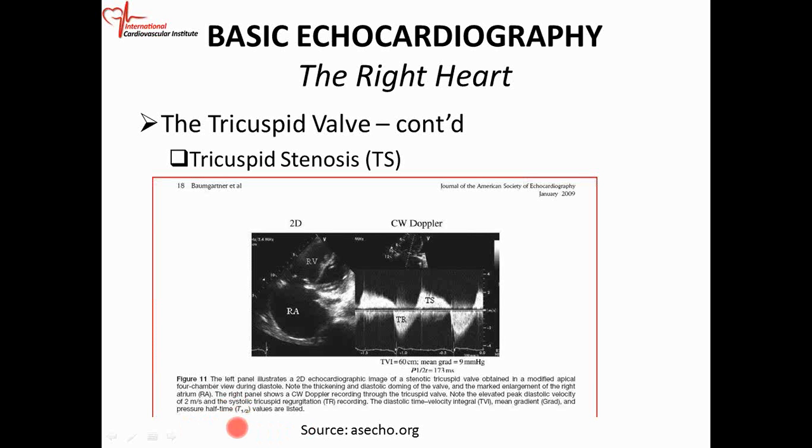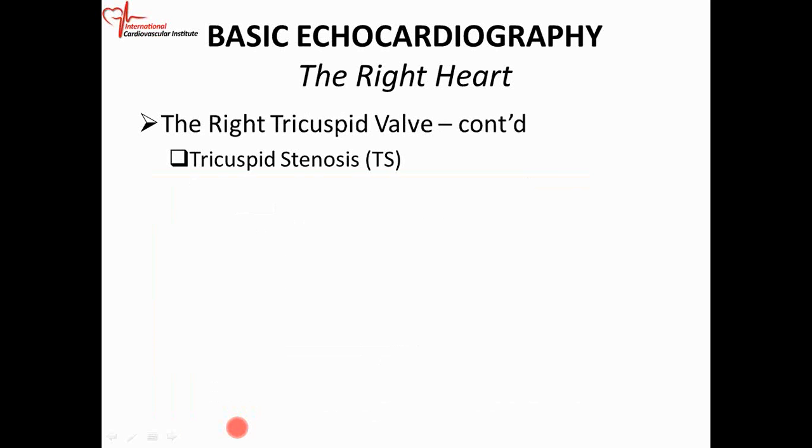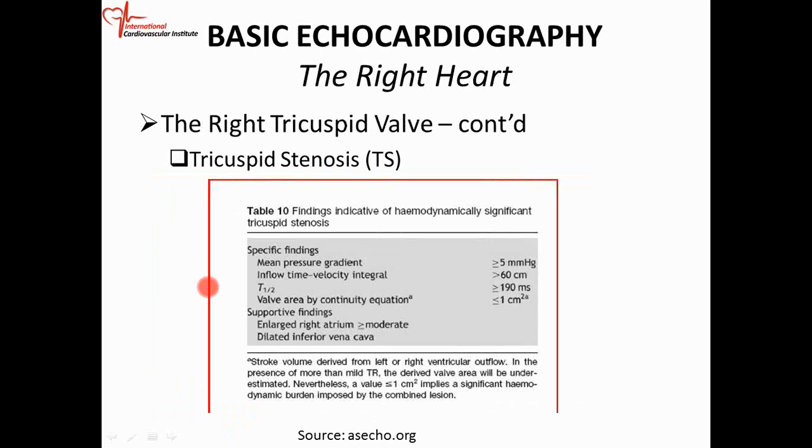You can also do the pressure half time, but it's best to just plane it to get the gradient. Okay. And then these are the recommendations for severe tricuspid stenosis.